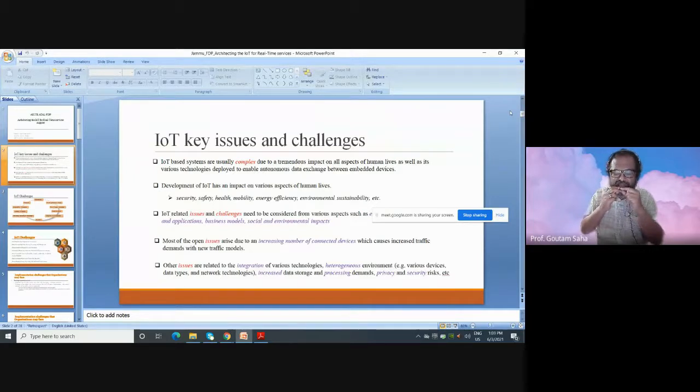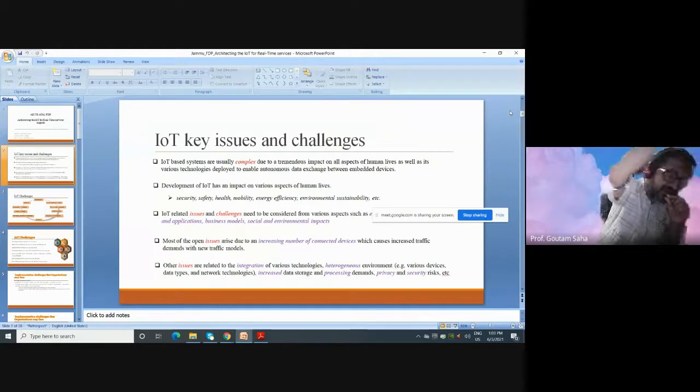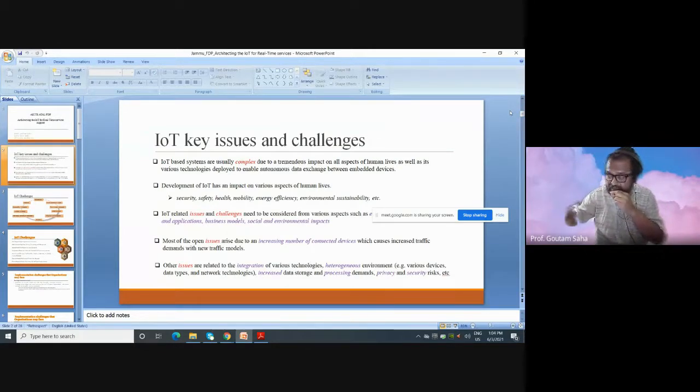There are some other open source tools, and I think my student Noor has given you some presentations about the simulation tools. There are various simulation tools available. You have to use a suitable tool to see whether your system is working.